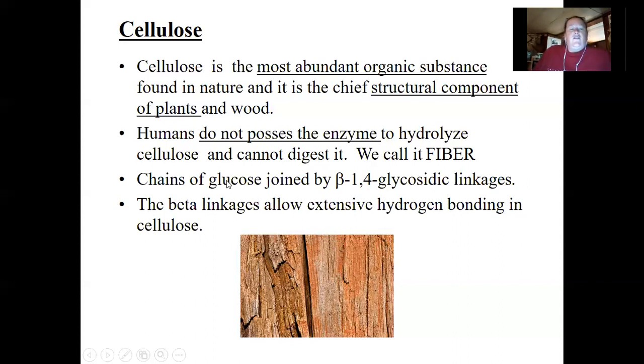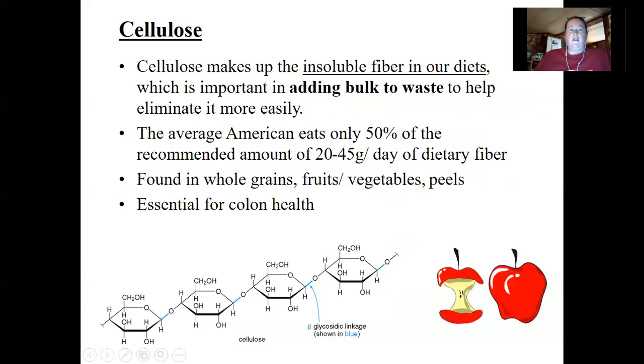So the chains of glucose are joined by beta 1,4 linkages. Starch linkages were alpha linkages. And the way that these linkages work, it allows for extensive hydrogen bonding in the cellulose. Now, cellulose, I'm just going to jump ahead a little bit.